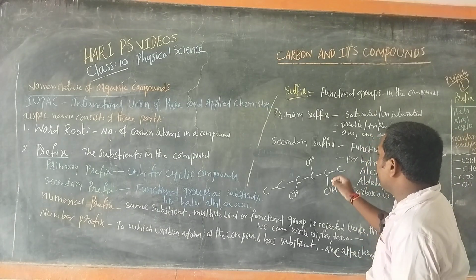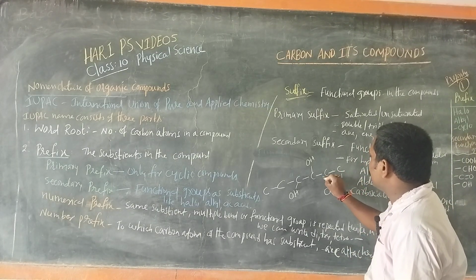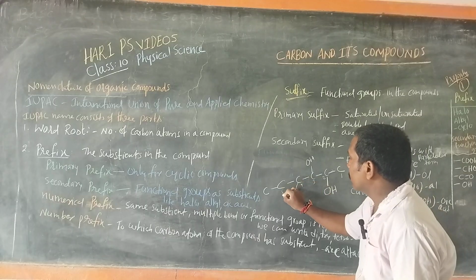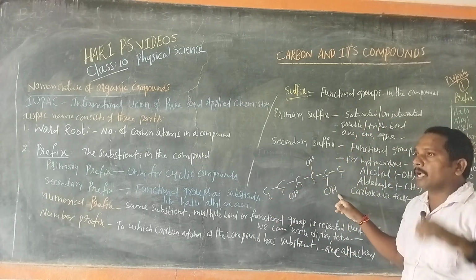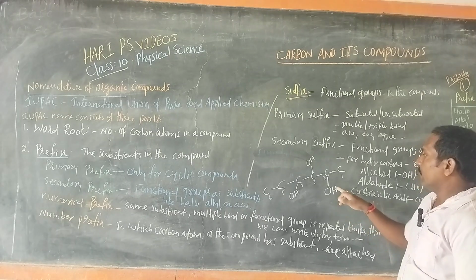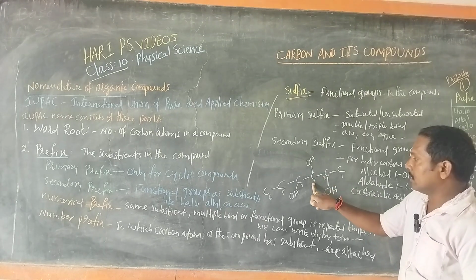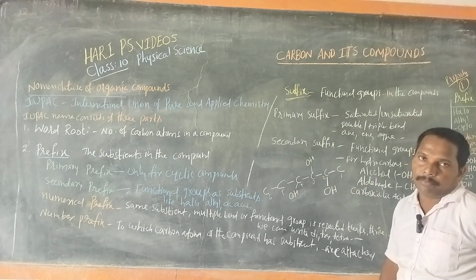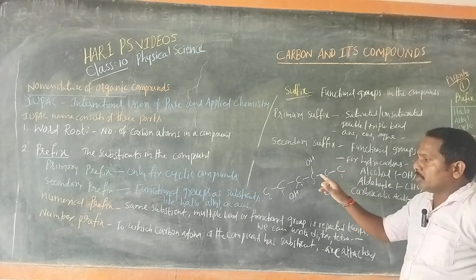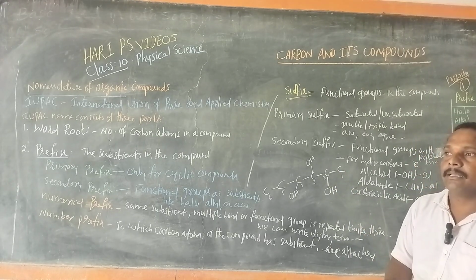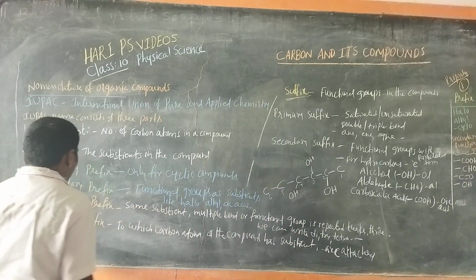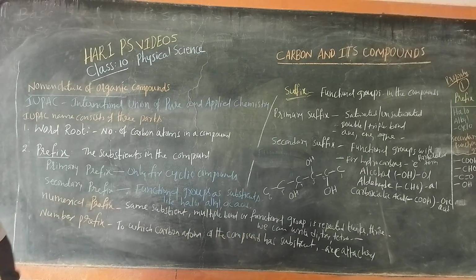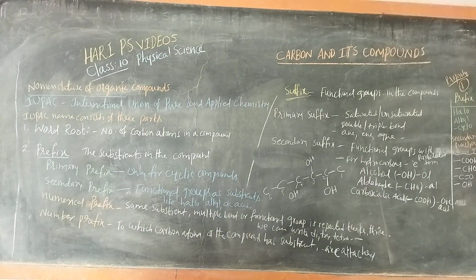For example, if we consider 1, 2, 3, 4, 5, 6, for which carbon atoms are the hydroxy groups substituted? Second carbon, third carbon, then fourth carbon. So for which carbon atom has the functional group, we represent with the number prefix.